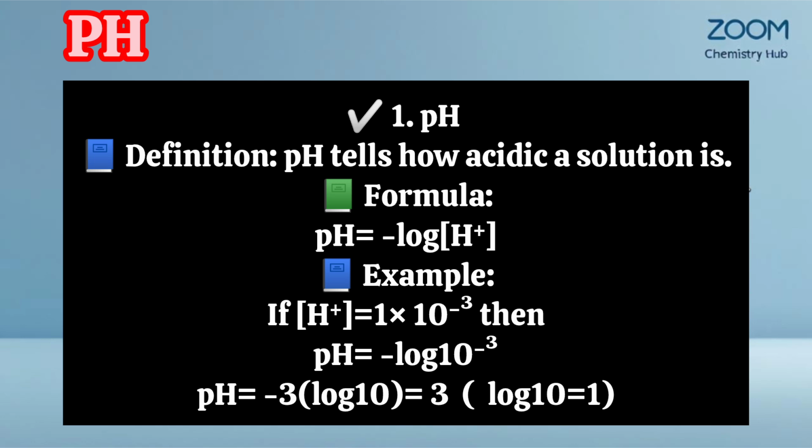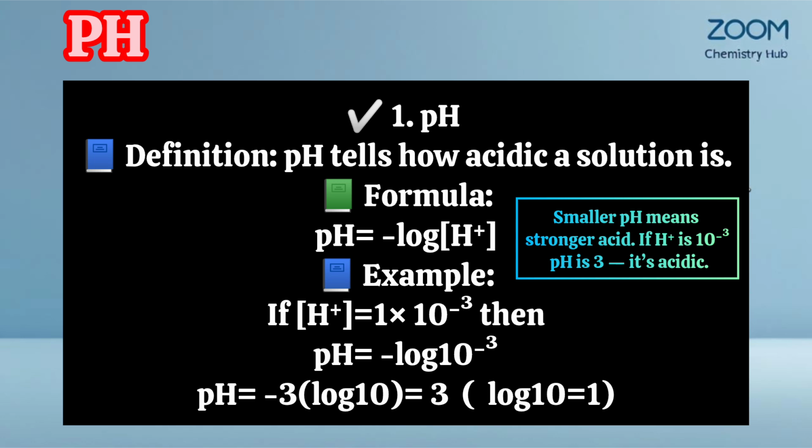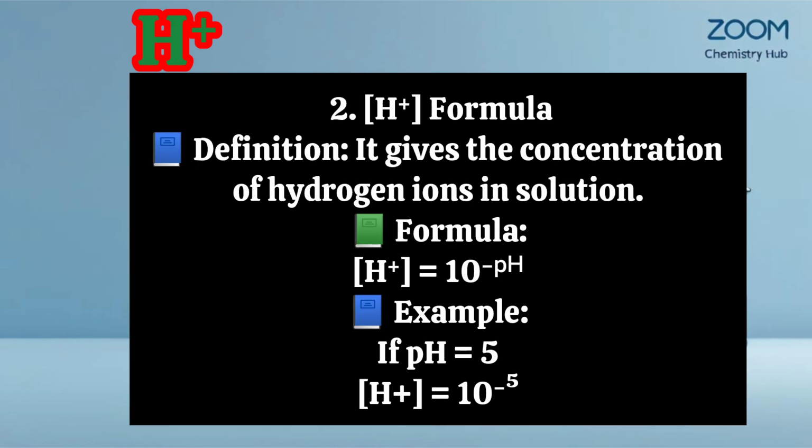So we will put the value of hydrogen ion in this formula, and after calculating the negative log, we will get the pH value as 3. Smaller the pH means stronger the acid, and if hydrogen ion is 10 raised to power minus 3, then the pH is 3. So it is an acidic solution.